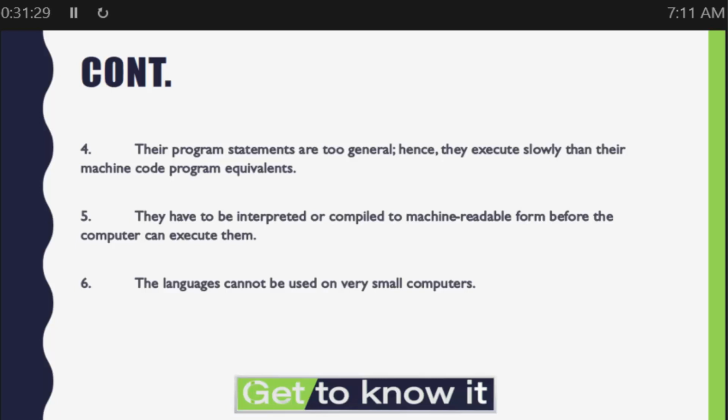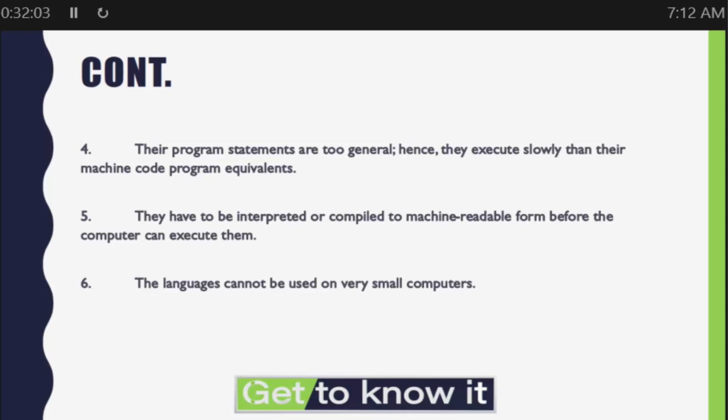and this will take some time. Another disadvantage is that the languages cannot be used on very small computers, because you find that these small computers use some specific hardware. I usually find that the low-level languages are the ones that are used to develop programs that are used in these small computers.